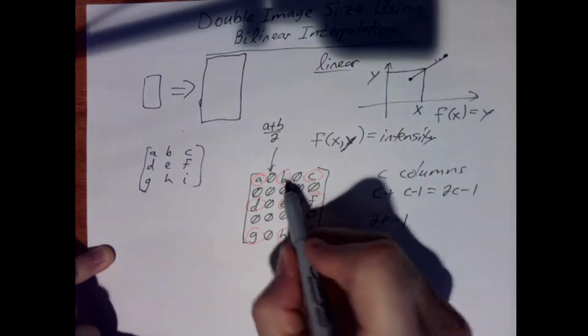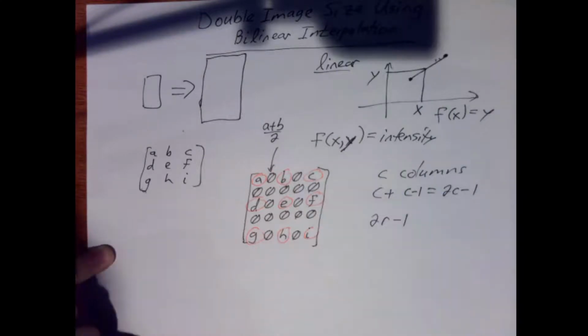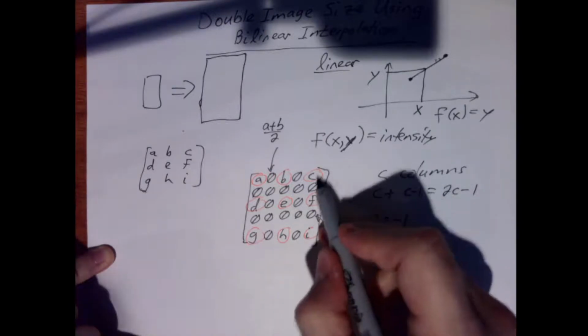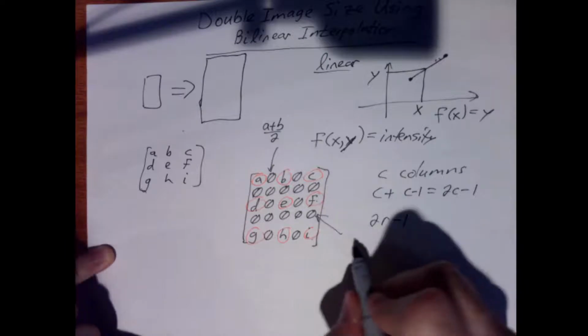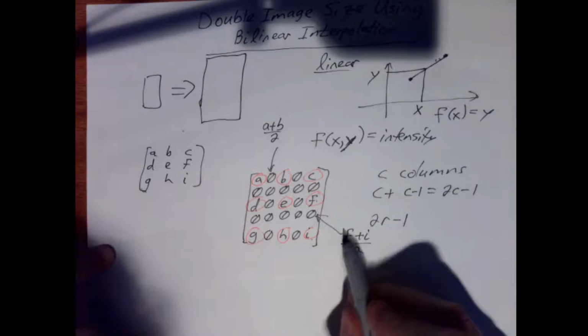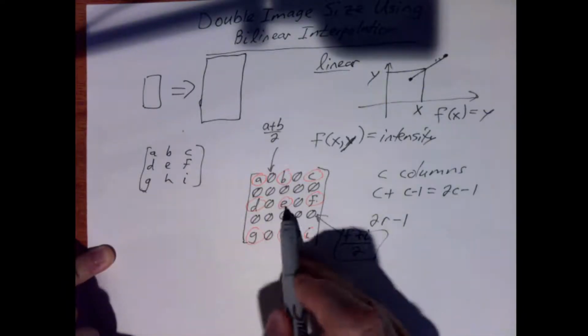And between B and C, I'll use B plus C divided by 2. What about between, say, F and I? Well, when I'm working down a column, I'm going to do the same type of logic. So between F and I, the new value would be F plus I divided by 2. And likewise between E and H, and B and E, and D and G.